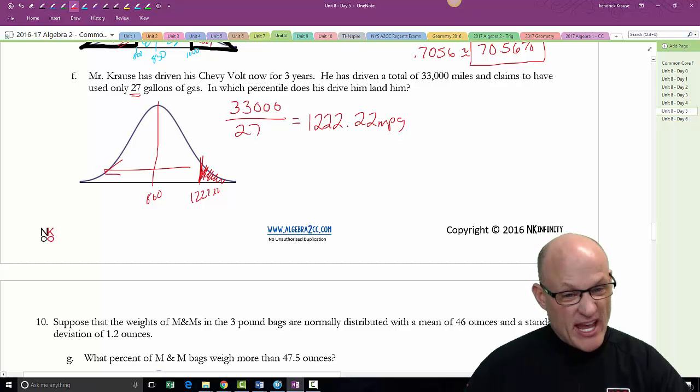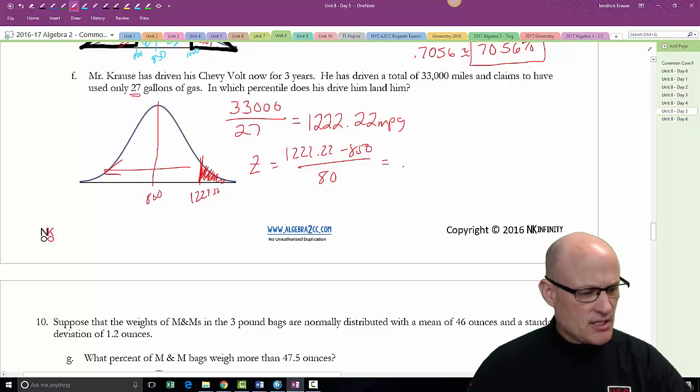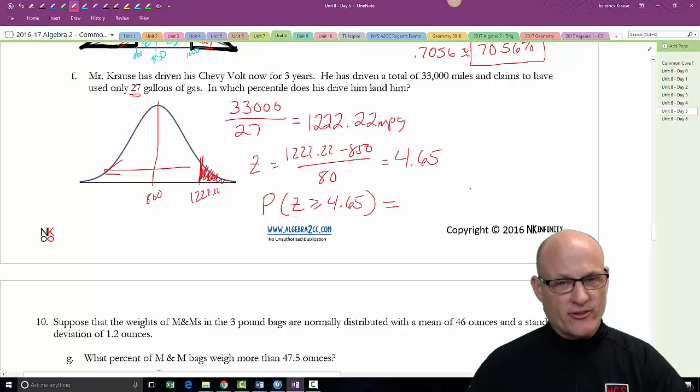But I want to figure out what this tail is, so I've got to figure out what that z-score is. 1,222.22 minus 850, divided by my standard deviation of 80, and I get a z-score of 4.65. So I want to figure out the probability that z is greater than or equal to 4.65. Well, you already should know the answer to this.